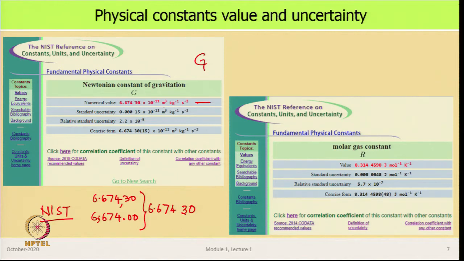So, this is the numerical value of G, which we have also called the nominal value, or we have also referred to this as the mean value, or sometimes also the average value. This has been given to this many decimal places.